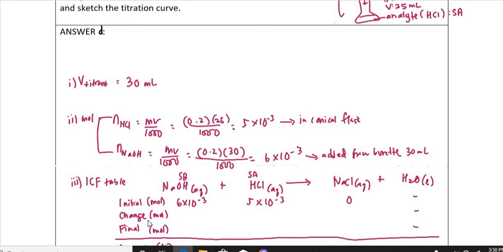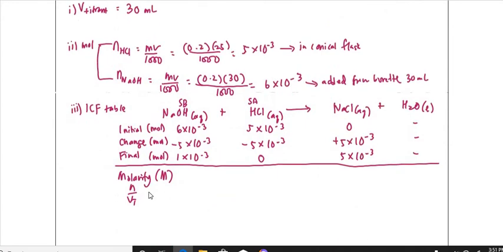Again, for change row, you select the smallest number, refer to the limiting reactant here. Since HCl is the smallest number, 5 exponent negative 3, we choose that number. Apply to all the species. Okay, jangan lupa letak sign negatif untuk reactant, positif untuk product. So here we get 1 exponent negative 3. This is 0, 5 minus 5, and 0 plus 5, 5 exponent negative 3.